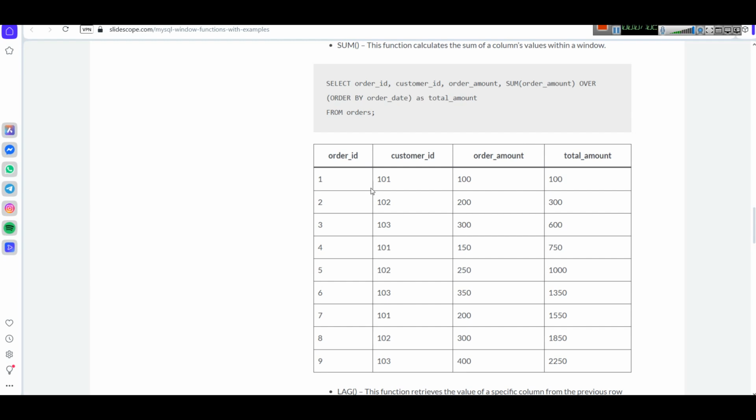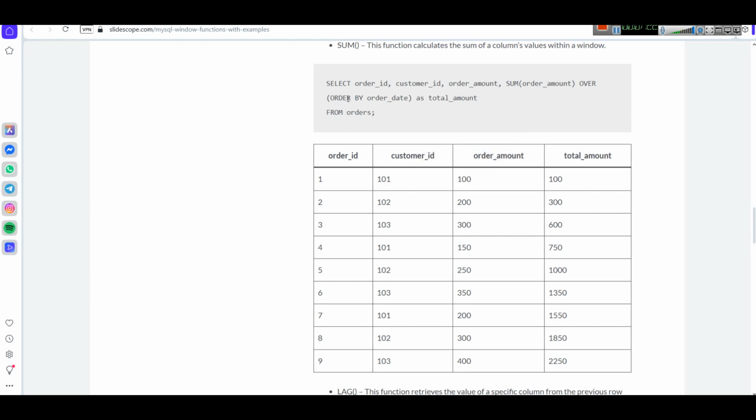Now what is happening here is, for the first order, you can see that customer ID is 101 and order amount is 100.